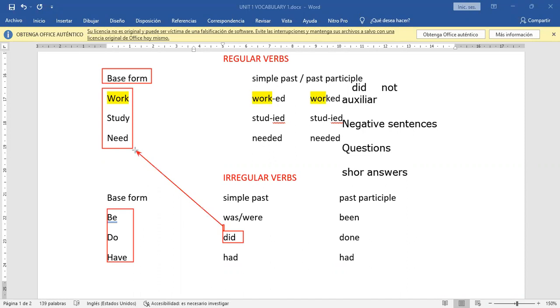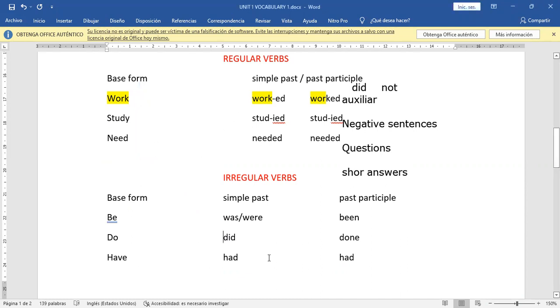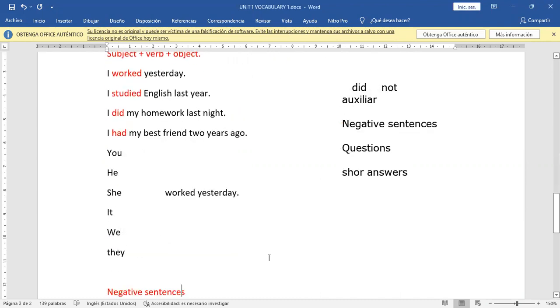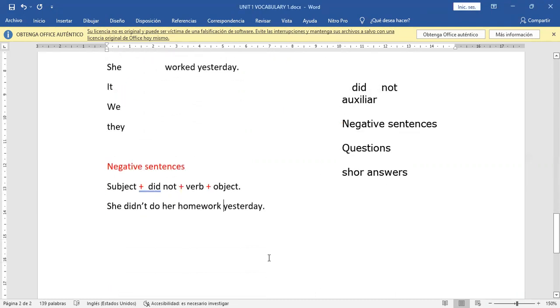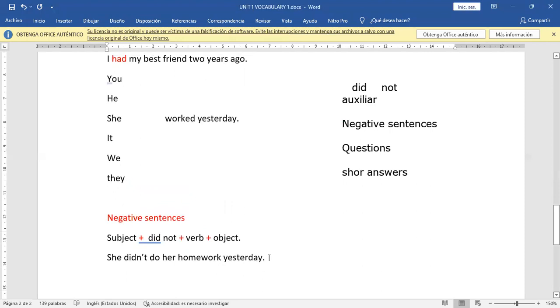Okay? I didn't study. You didn't, did not, plus not, and the verb in the base form. That's how we organize the sentences. Let's see. Negative sentence, okay? So, she didn't do her homework.